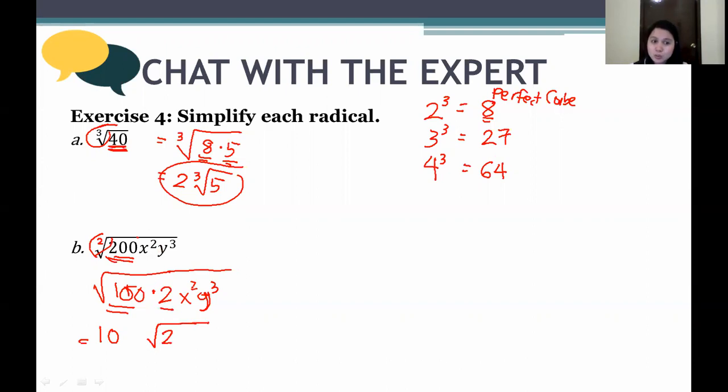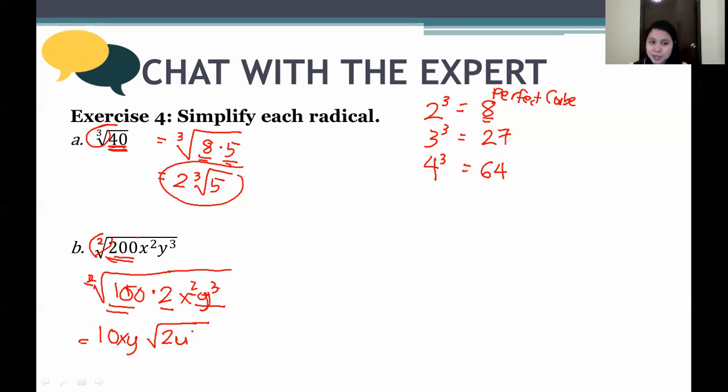Next. 2, there's 2 here, right? 2 divided by 2. Let's start with x. We have 1. No remainder. Let's go to y. 3 divided by 2. The answer is 1 for y, but remainder 1.